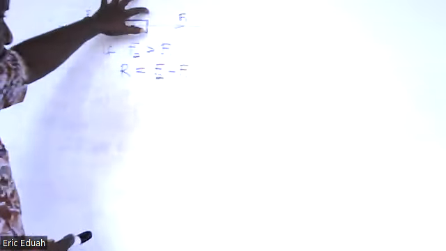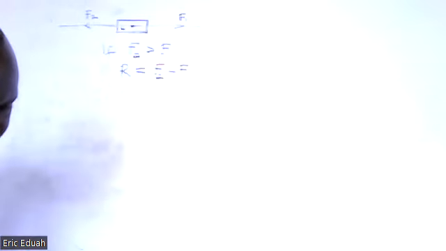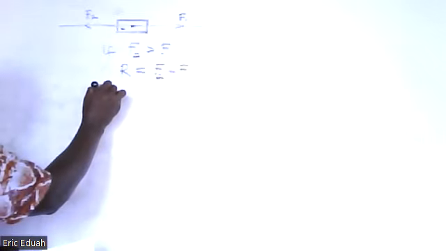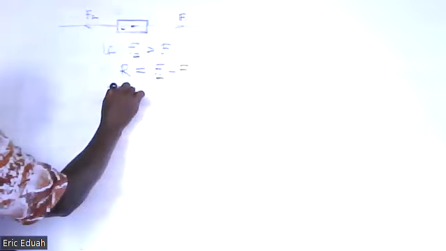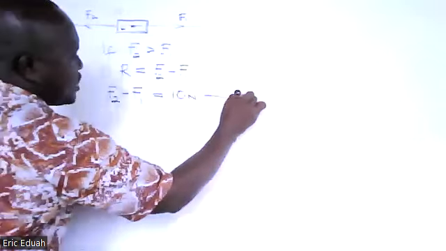So in our consideration, we are assuming that F2 is greater than F1. Are we okay? The question says that if the two forces act in opposite directions, they have a resultant of 10. So it means F2 minus F1 is equal to 10 Newton. And this becomes equation 1.